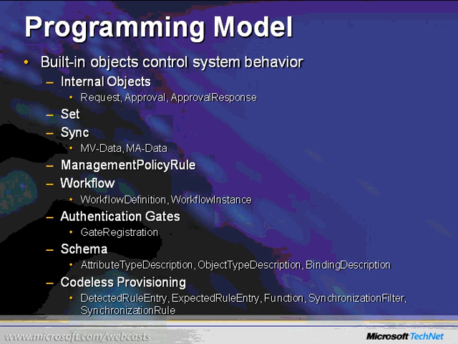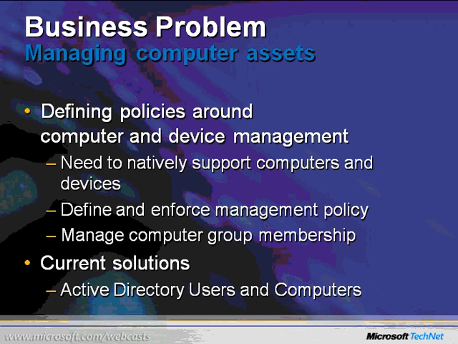You've seen some of them already in the demos, such as the schema, workflows, management policy rules, sets, and synchronization rules. When you create or update these objects, you're in effect manipulating the behavior of the system. And this is the only way we could actually have the system boil down to a very simple set of APIs that you can use.